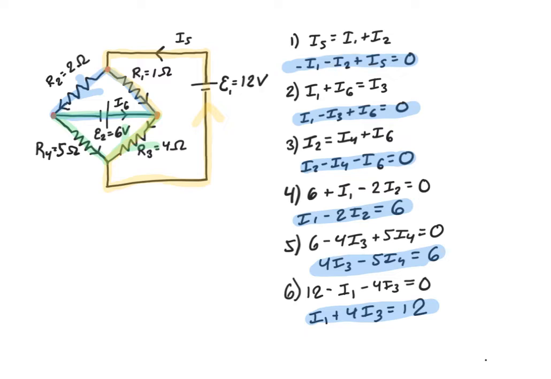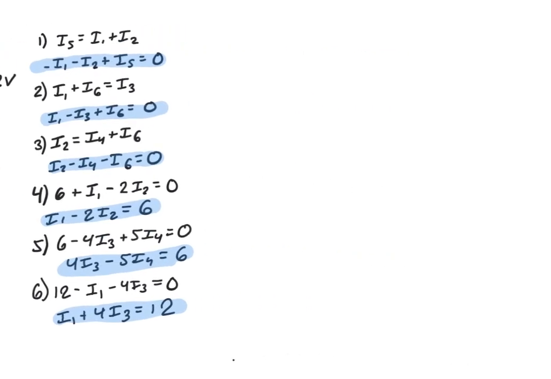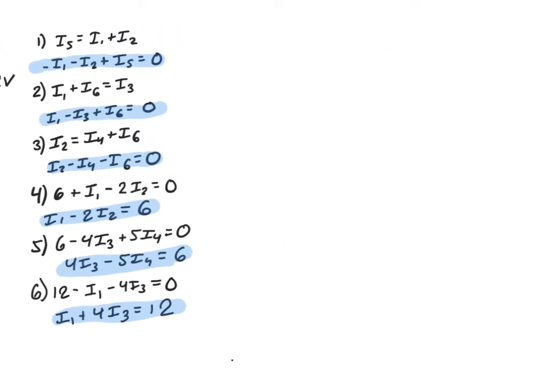Now I'm going to rewrite these equations in a different way. I'm going to write them into a matrix. I have 6 currents, so I'm going to make 6 columns labeled by currents and 6 rows, one for each equation. In the first column of the first row, I'm going to write the coefficient in front of I1 in equation 1.